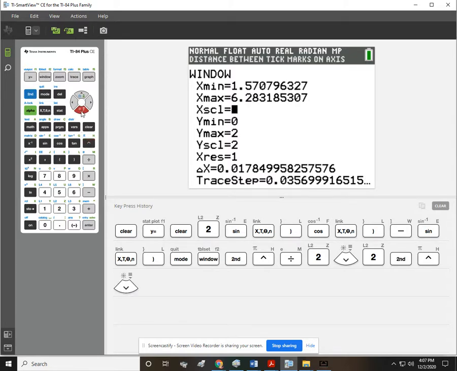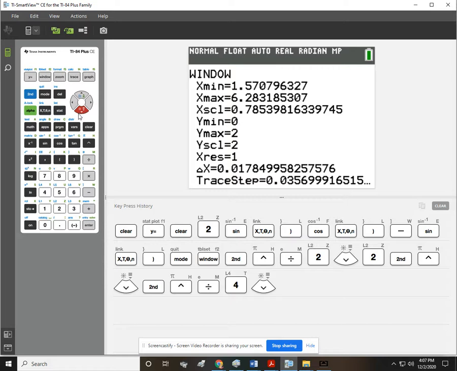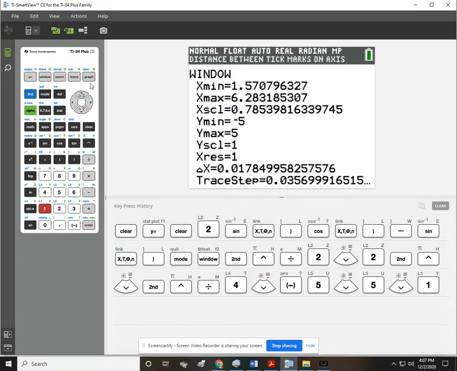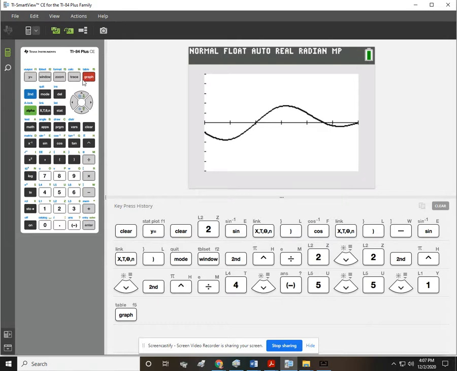Let's go by pi over 4. That doesn't really matter. And then this, let's go from -5 to 5. And we'll just go by 1. Let's see what this looks like. There we go.